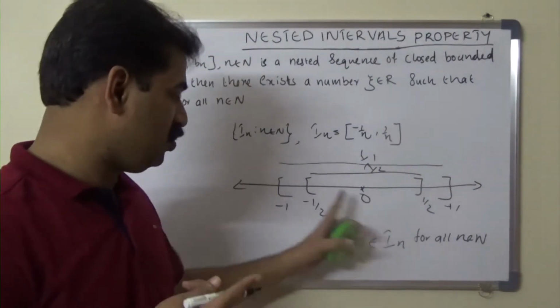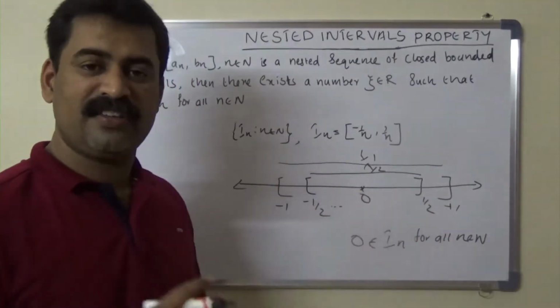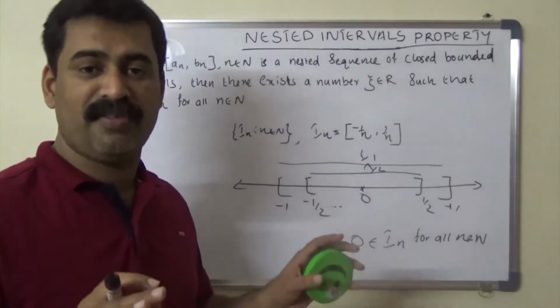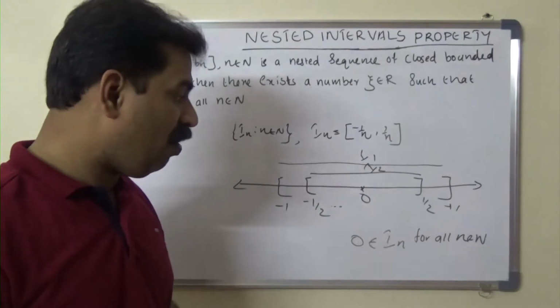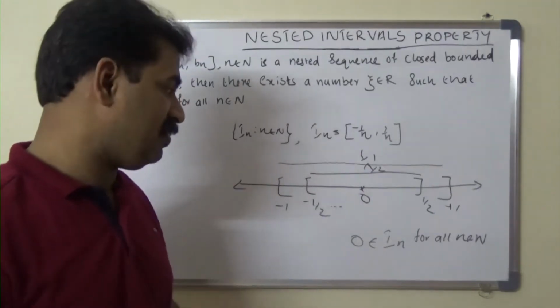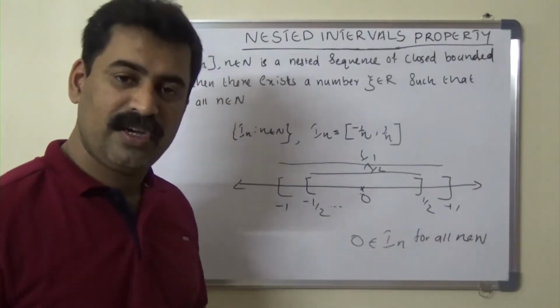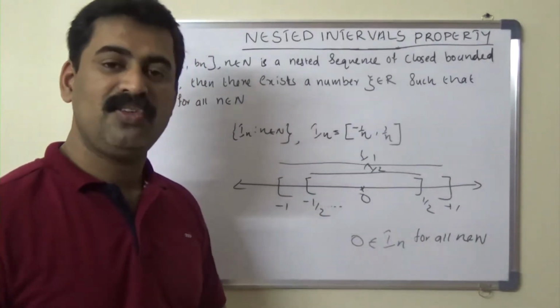That means 0 belongs to I_1, 0 belongs to I_2, 0 belongs to I_3, etc. That means 0 is a common point in all these intervals.